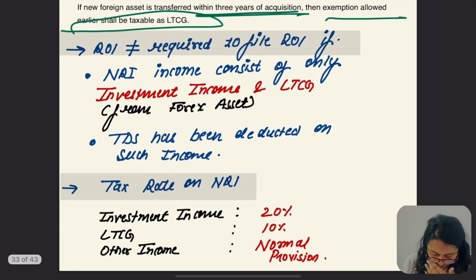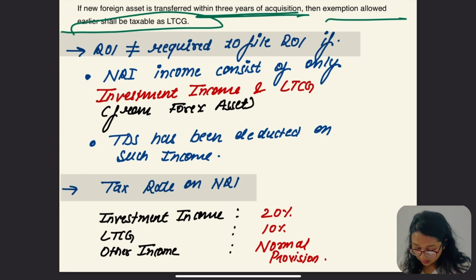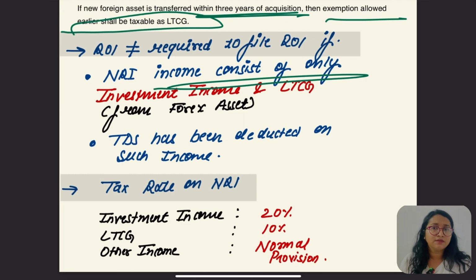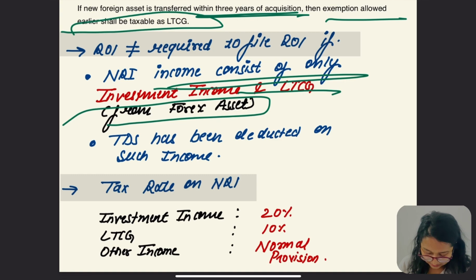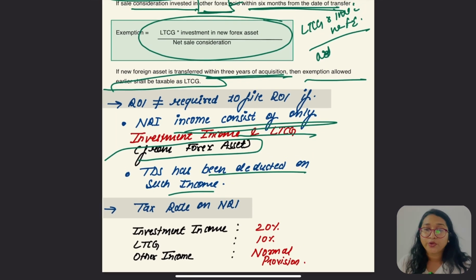But there is no need for this NRI to file a return if the NRI income consists only of investment income and LTCG from foreign exchange asset, and TDS has already been deducted on such income.